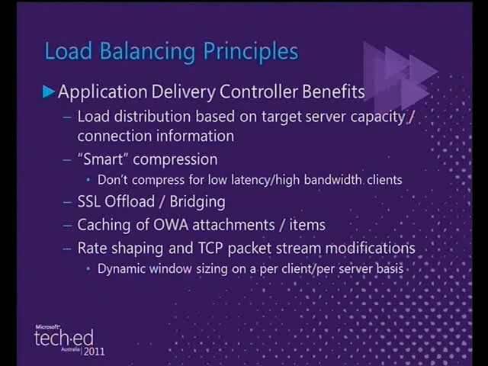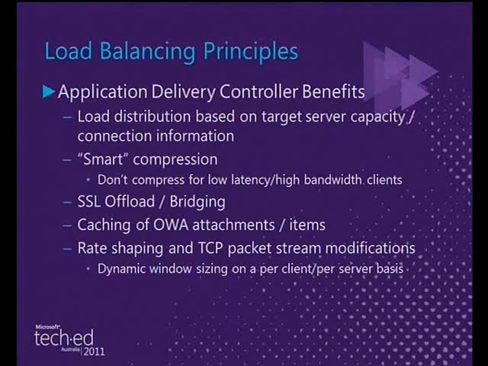But once in a while it does come up if we start to see the higher bit length certificate. So if we're pushing a 2048 or a higher bit length certificate, we still can see some processor impact in a large scale organization around that SSL processing to decrypt the communications. So in some cases it may make sense to do SSL offload. We'll actually talk a little more about that later in the session.